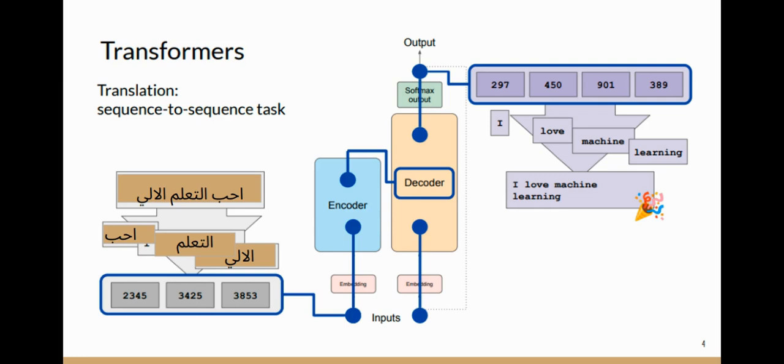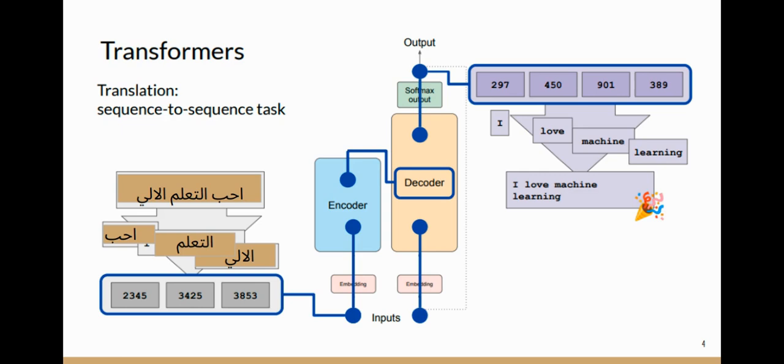Now, the problem with these models is that it is very resource consuming to fine-tune them to downstream tasks, such as translation, as we see here.